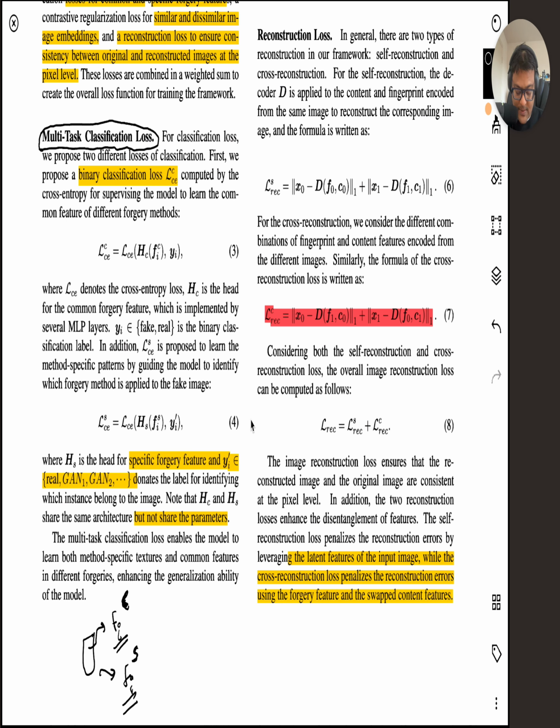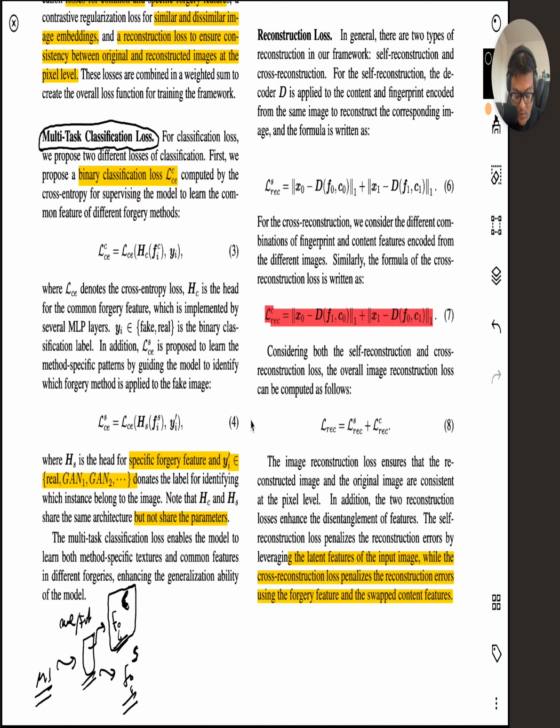For example, if you're given an image and you know that a model m1 was the one which generated that fake image, how will you supervise this network? The common feature is not dependent on any model, but you know whether the given image is real or fake.